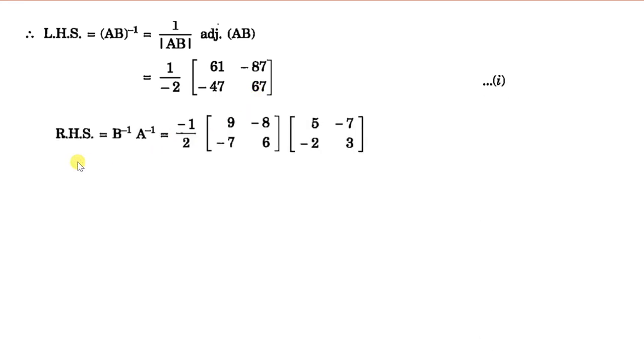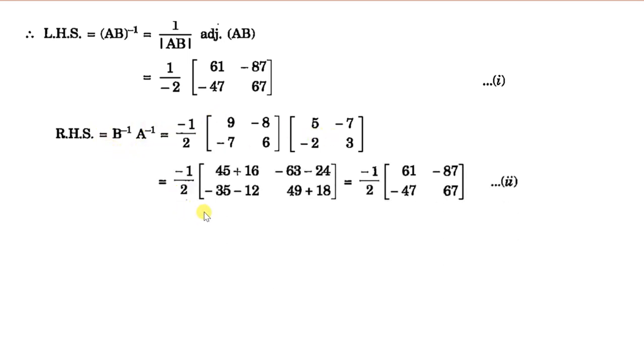Now for the right hand side we require B inverse A inverse, so we multiply them and it becomes minus half. Then multiply again row by columns and add them. So for the first row first column, we take the element wise product and add, then you get 45 plus 16. Similarly, to find the A12 location, use the first row, second column. To find the A21 location, we multiply the elements of the second row and first column component wise. Then it becomes minus 35 minus 12, that is minus 47.